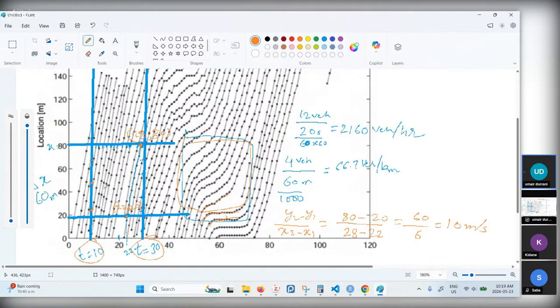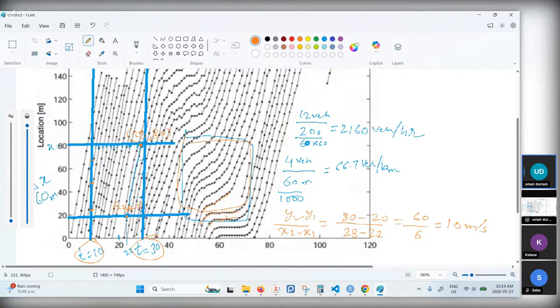And some vehicles are slowed compared to these vehicles. The slope of these trajectories is much higher than the slope of these trajectories. So when we compare between different regions, their speeds, their traffic flow and density can be significantly different.